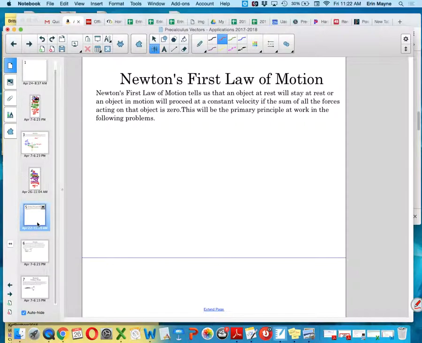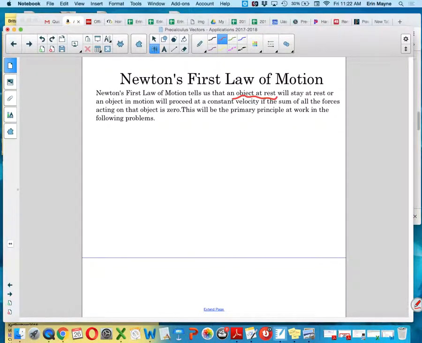I'm going to take a sophisticated physics idea and pull it down into the world of pre-calc. We're not going to overly complicate it, other than to say that whether it's an object at rest or an object in motion, the object at rest will stay at rest, or the object in motion will stay in motion, when the forces acting on that object have a sum of 0.